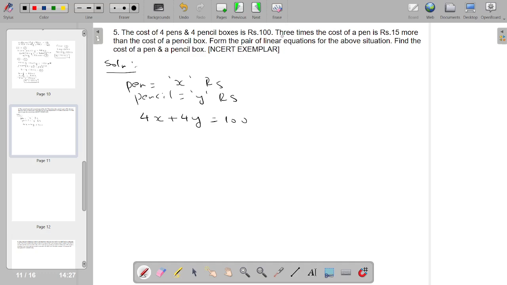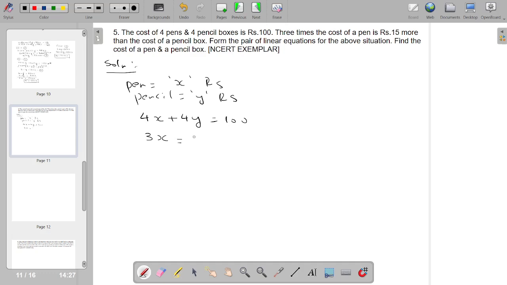So again, the next part of the problem says 3 times the cost of a pen, meaning pen box actually, is 15 more than the cost of a pencil box. So 3 times the cost of pen box. What is the cost of pen box? X. 3 times the cost of pen box is 15 more than the cost of pencil box.